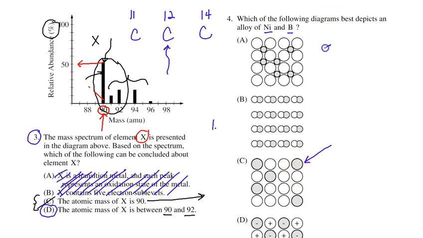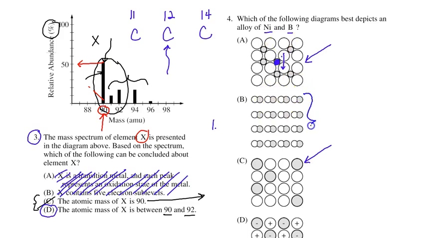This would be an interstitial alloy, where the smaller atom would fit in between, and this would change its properties in terms of hardness, because it's harder for the layers to move if you would try to strike it and cleave it, because this little atom kind of prevents it, so to speak.